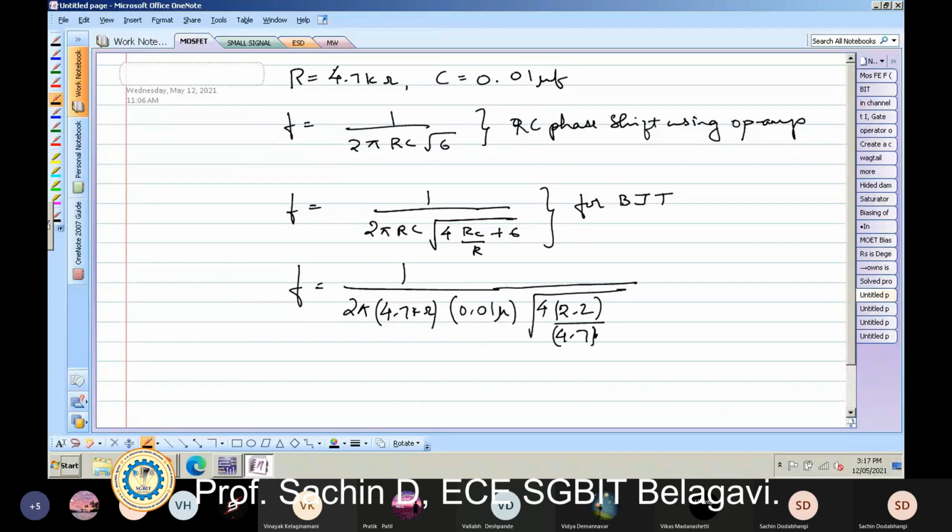Kilo ohm and kilo ohm cancel, plus 6. So if we calculate it, 2 pi into this, we'll get 2.95 into 10 raised to minus 4. With the square root term, this is 1.87 plus 6.